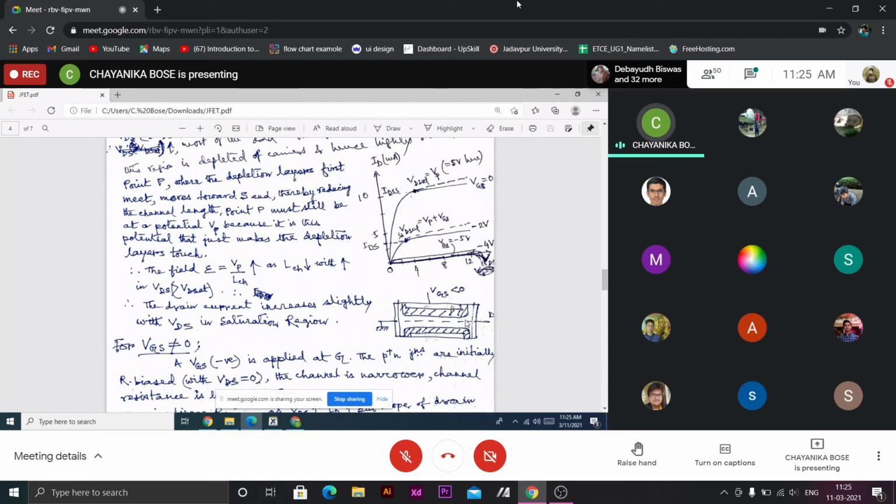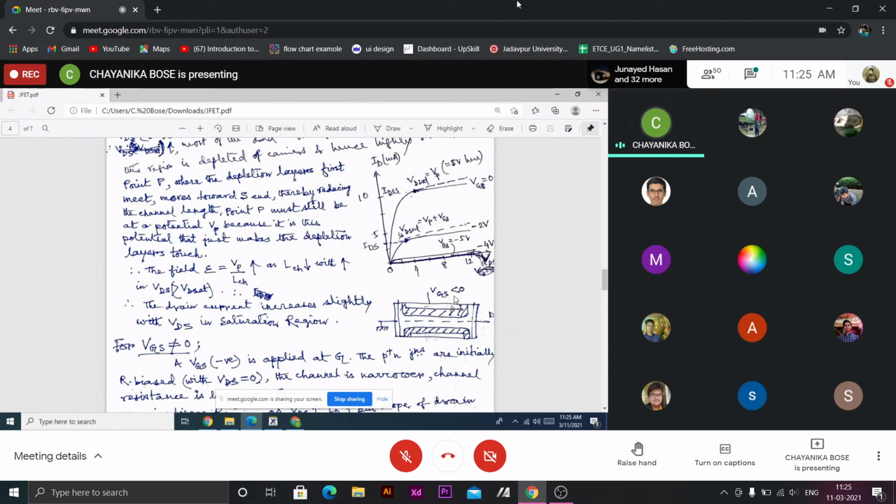At a certain voltage, the depletion region will touch at the drain end. And we know that the pinch-off voltage is 5 volt, meaning when the P plus N junction gets an effective reverse bias of 5 volt, W(x) is equal to A and pinch-off takes place.